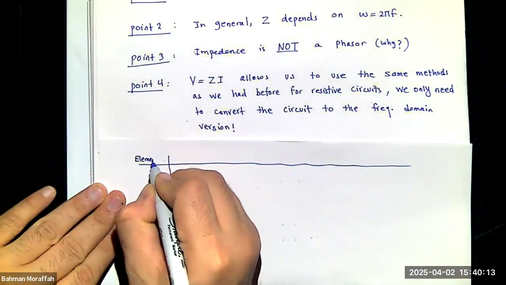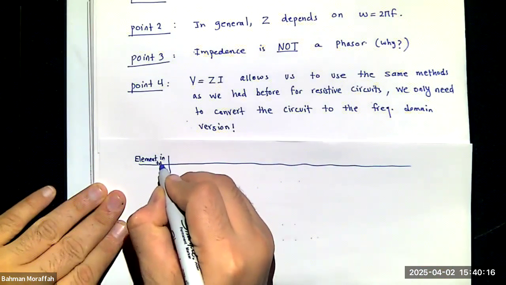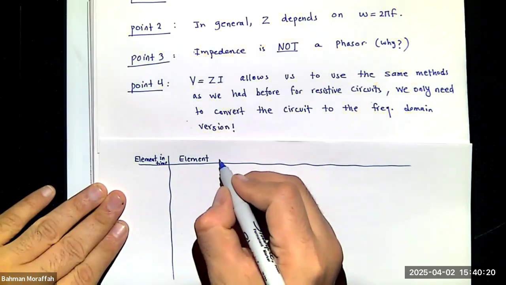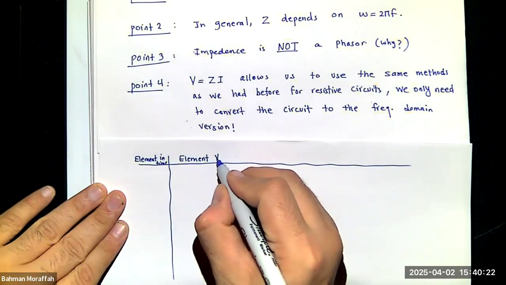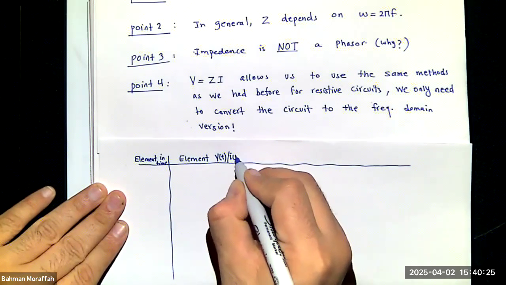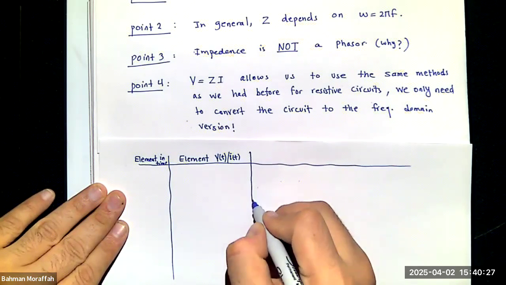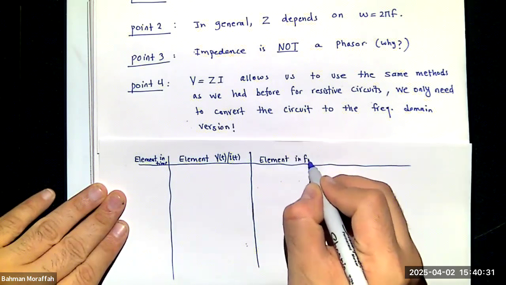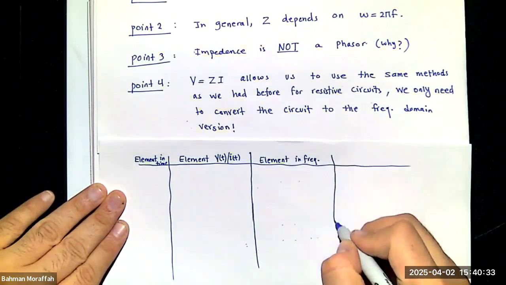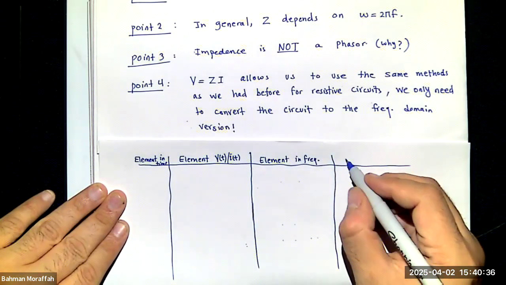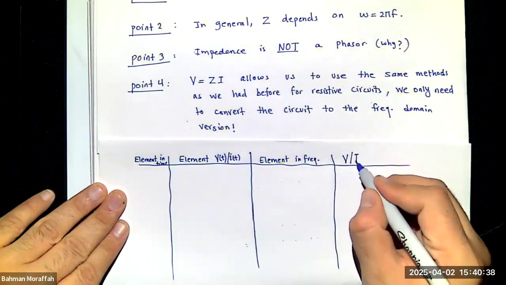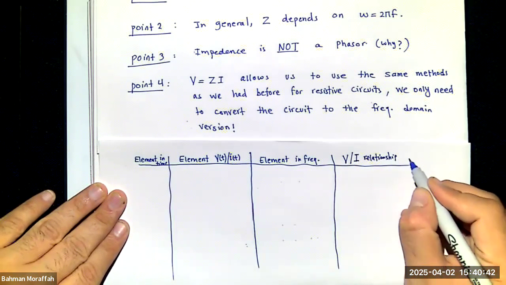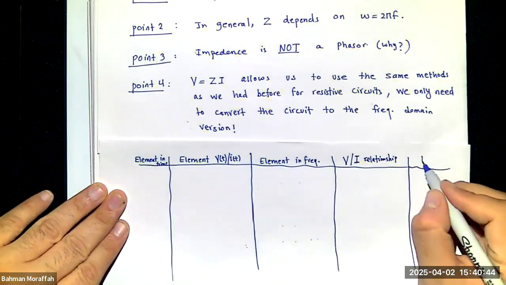So let's just say I have this element in time, the VI relationship in time, the element in the frequency domain, the VI relationship, and some notes about the phase.